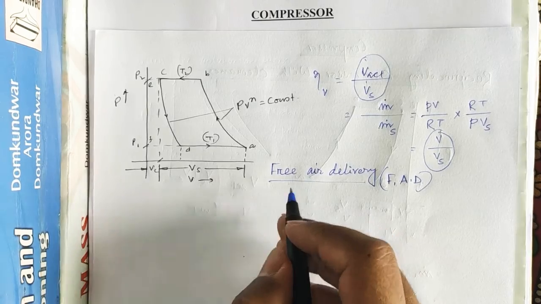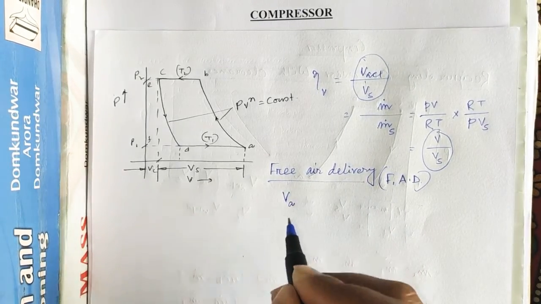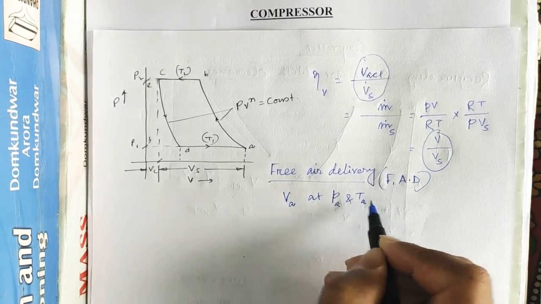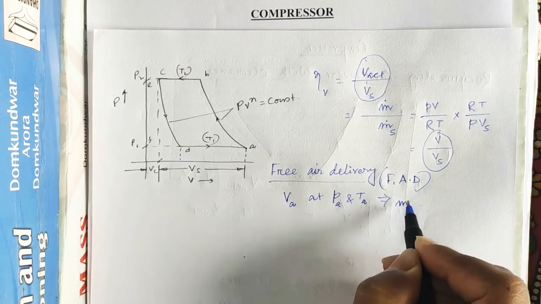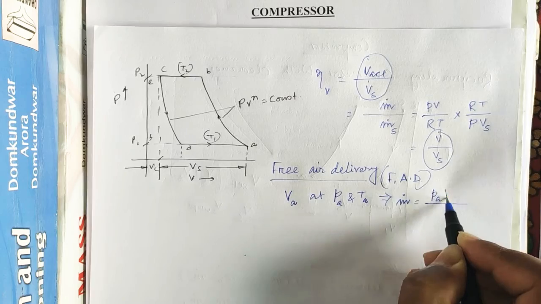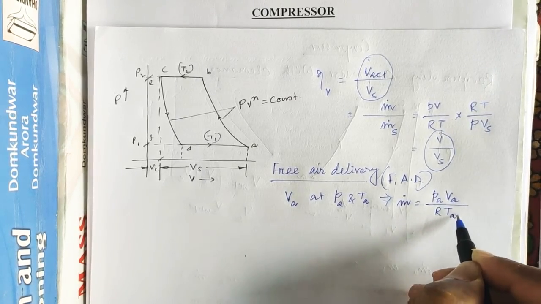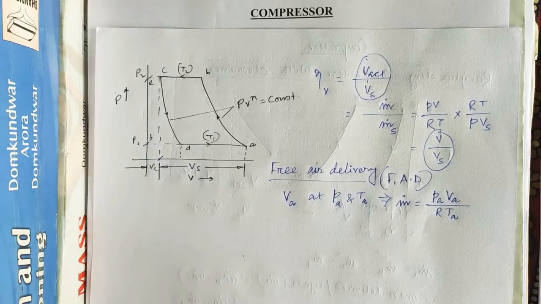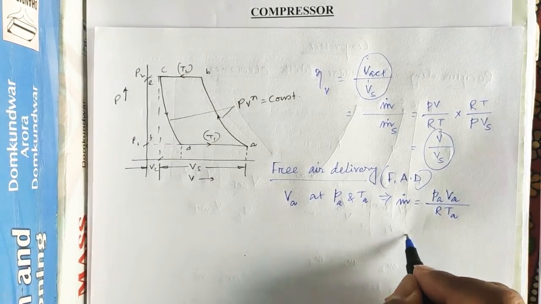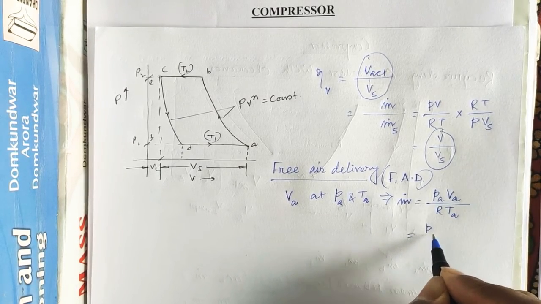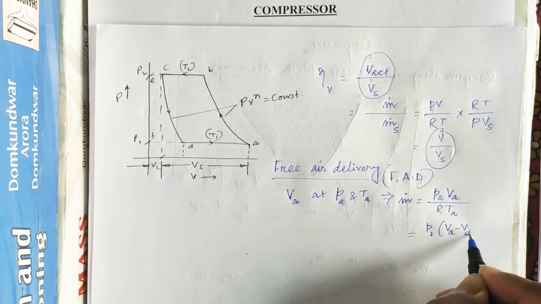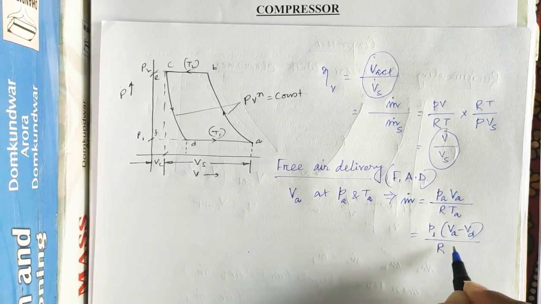Now if free air delivery is denoted as VA, that is actual volume of the air at pressure PA and temperature TA, then the actual mass handled by the compressor will be PA into VA by R into TA. And this can also be written in terms of ideal gas, that is equal to P1 into VA minus VD by R into T1.